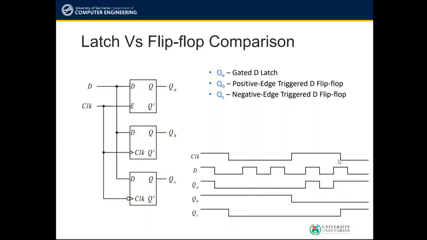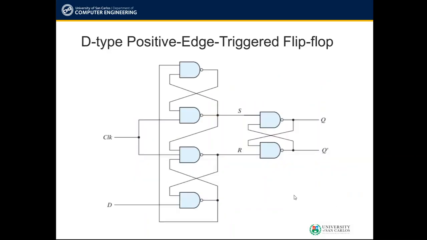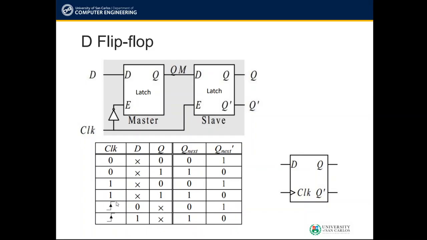The next one is in here, since the value of your D at that time is 1, it changes from 0 to 1. So again, we look at the edge first, and then what will be the current value of the D input at that point. Whatever the present value of your Q, we change that to 0 if the D value is 0, and change it to 1 if the D value is 1.